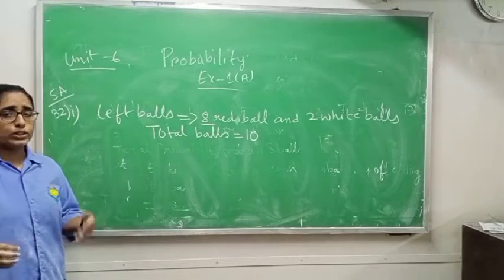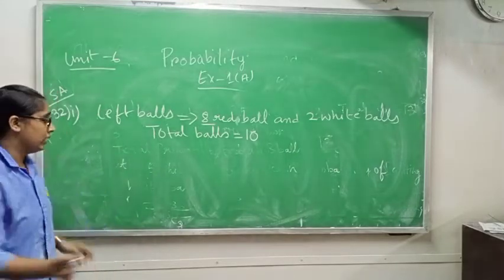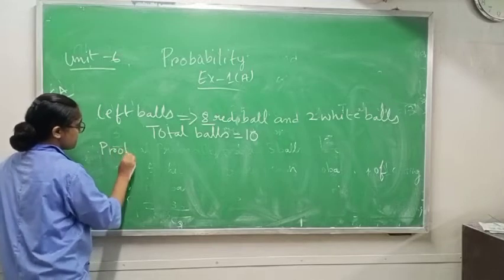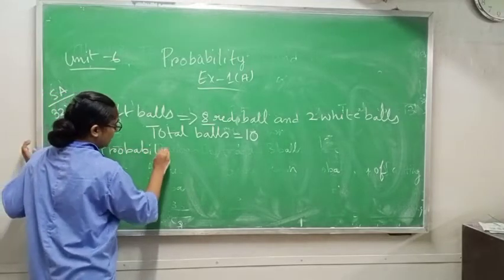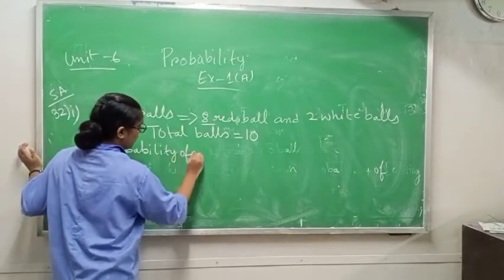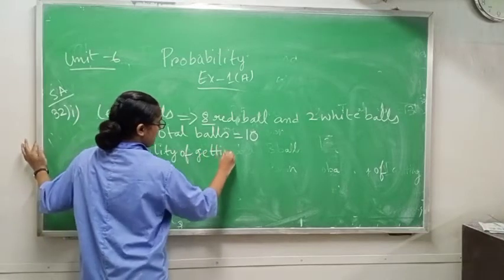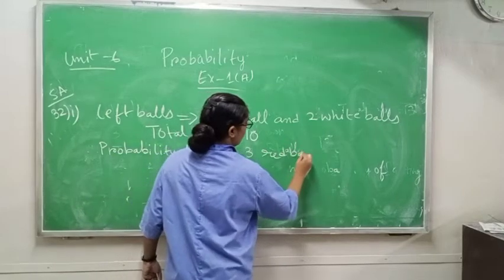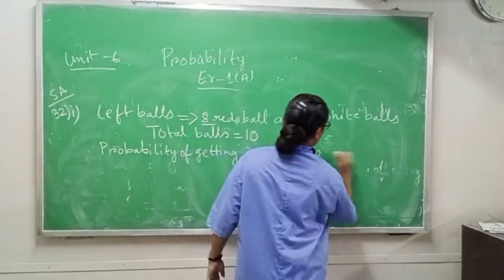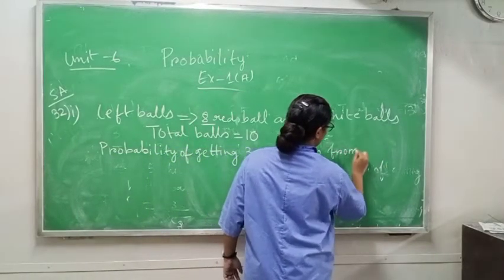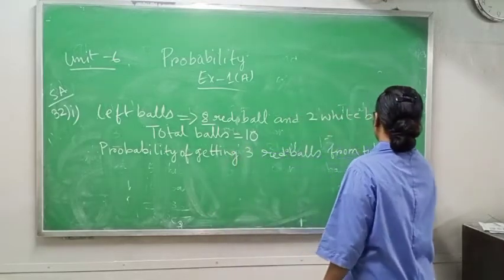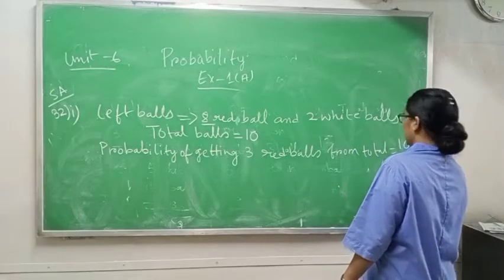Now we are going to take out 3 red balls. So probability of getting 3 red balls from total balls. How many total balls do we have? Only 10. It means 10C3.